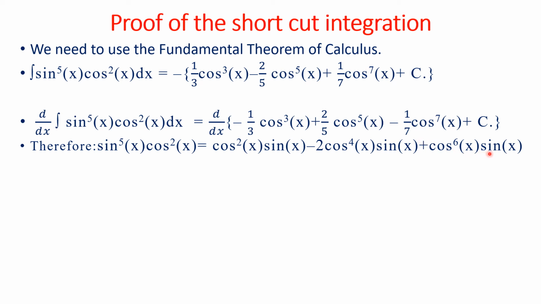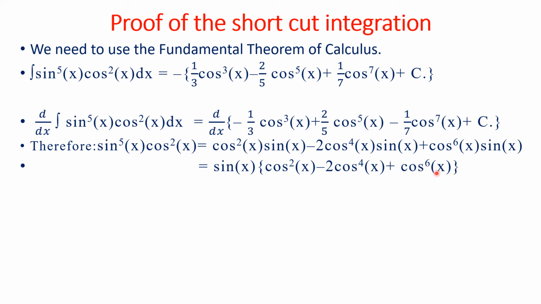And then we'll have sine x. It's very clear that we have sine x on each term. So it is logical to take sine x outside. We'll be left with cosine square x minus 2 cosine to the power 4x plus cosine to the power 6x.